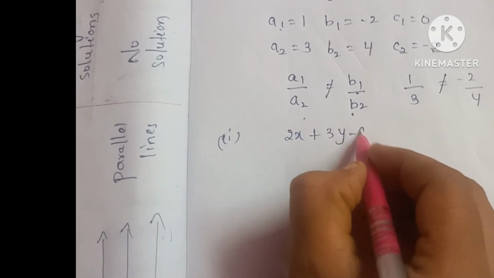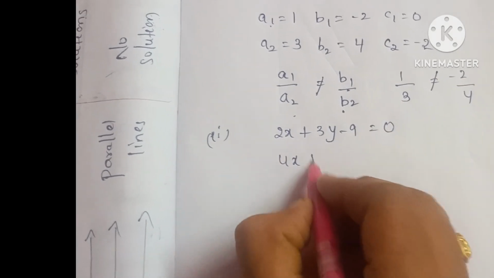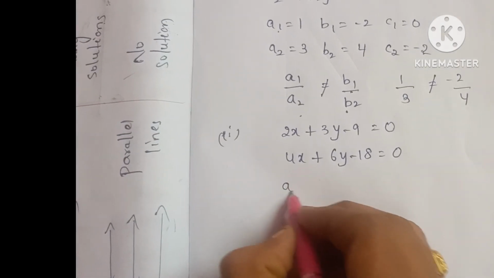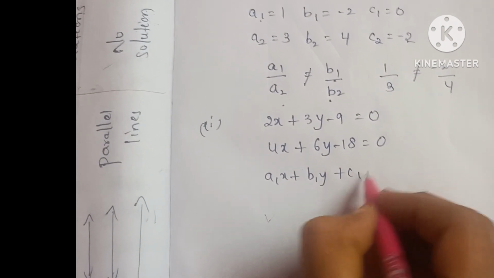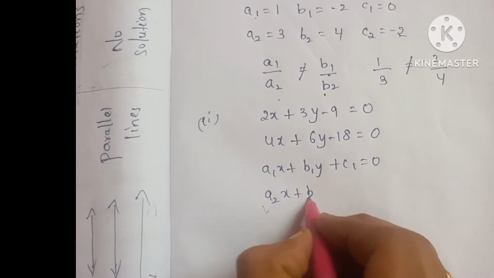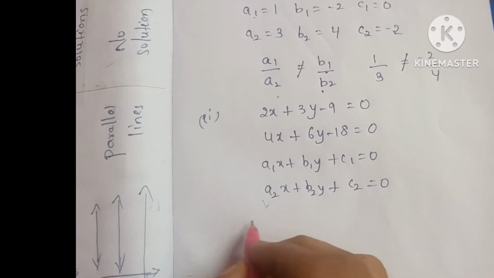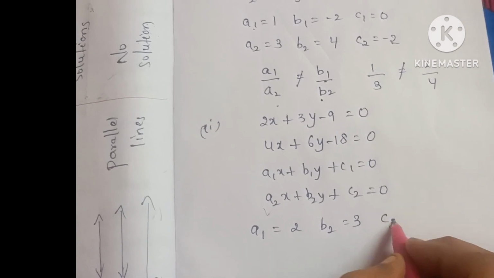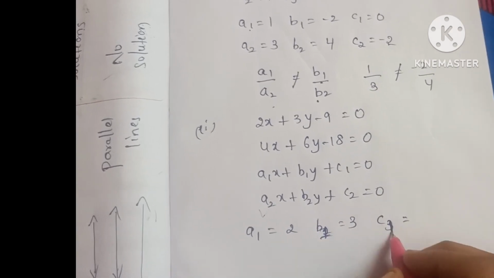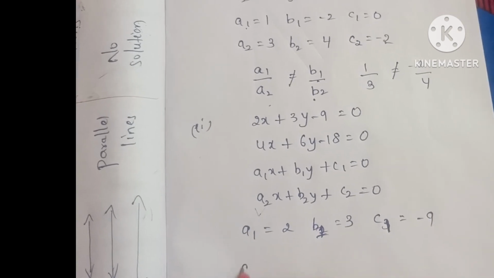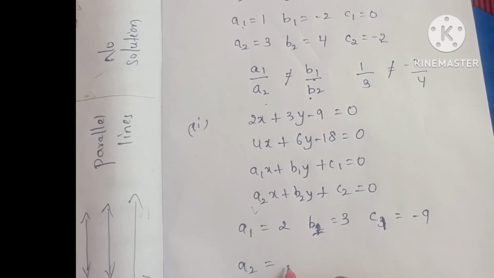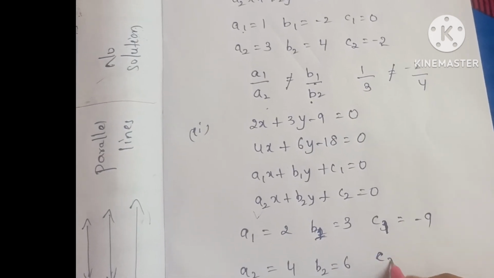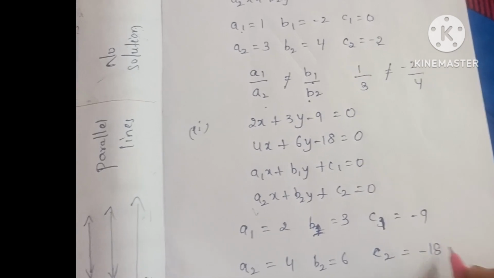2x plus 3y minus 9 equals 0 and 4x plus 6y minus 18 equals 0. Compare these equations with a1x plus b1y plus c1 equals 0 and a2x plus b2y plus c2 equals 0. Here, a1 equals 2, b1 equals 3, c1 equals minus 9, and a2 equals 4, b2 equals 6, c2 equals minus 18.